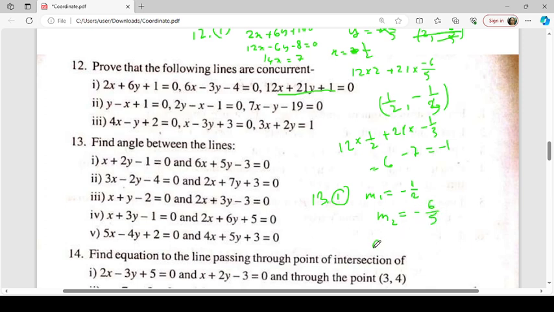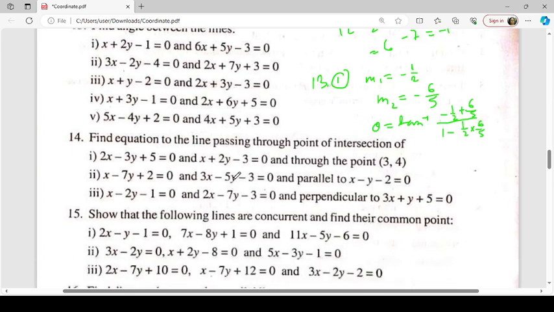Then theta is tan inverse of (m1 minus m2) divided by (1 plus m1 into m2), so it is minus half plus 6 by 5 divided by 1 minus half into 6 by 5. So this is 7 by 10 over 4 by 10, so it is 7 by 4. So this is the angle.